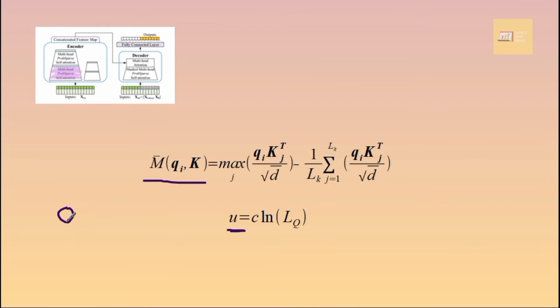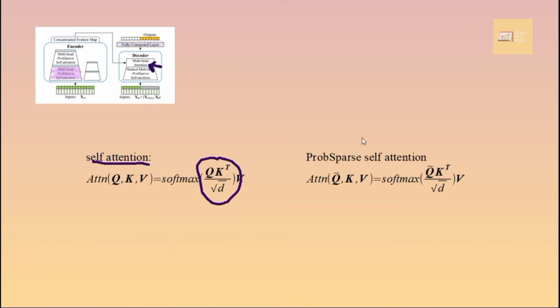So let's say that we have our matrix Q earlier here. That's our original matrix Q. Then to make the matrix Q bar, we keep the dominating queries, but change the other rows to an array of zeros. So let's go back to our ProbSparse self-attention.